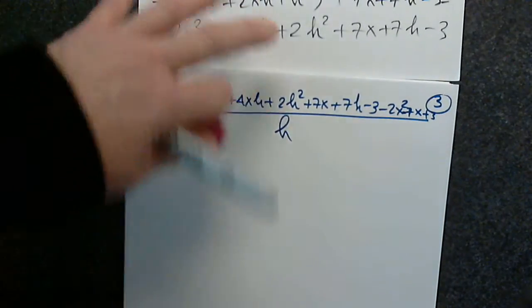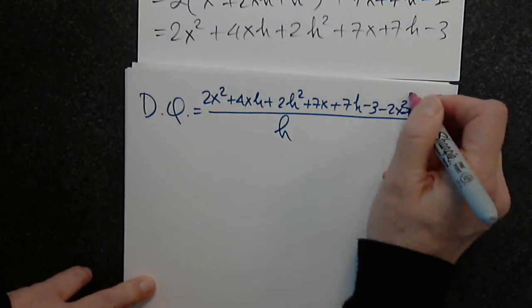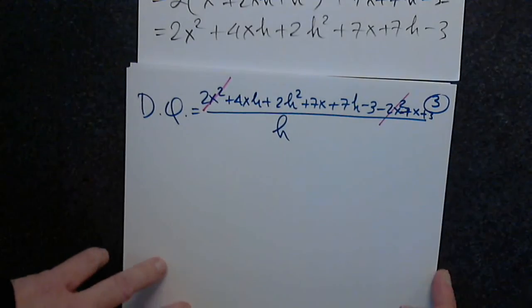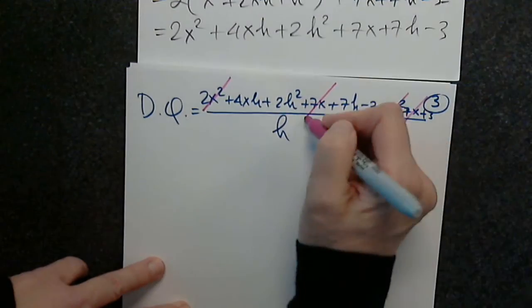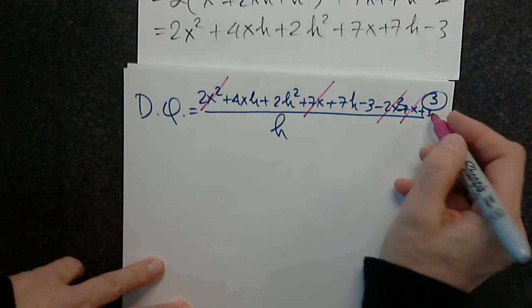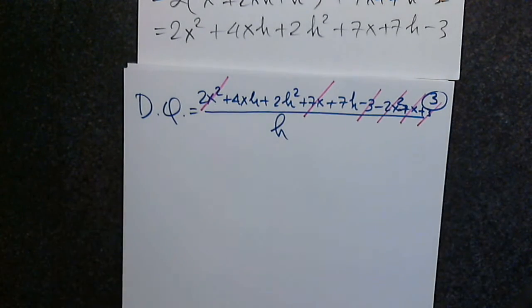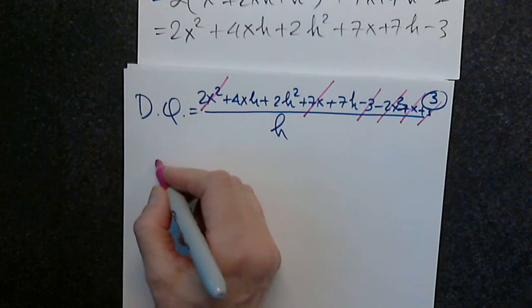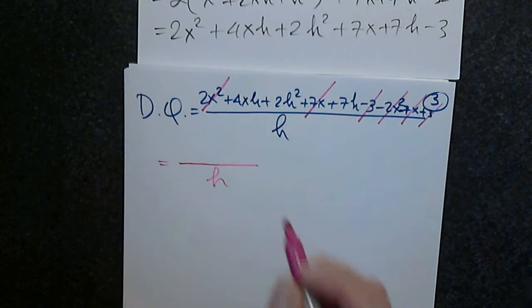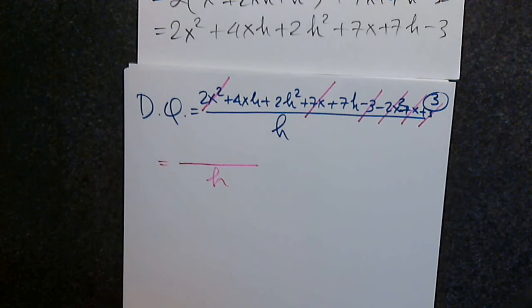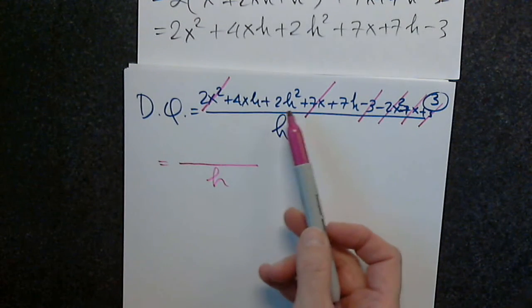So I'm going to write those two happenings in a second. Negative 2x squared with positive 2x squared. The negative 7x with a positive 7x. And the positive 3 with a negative 3. And this is what I was hoping for. And then how many terms are left in the numerator, please? What do they have in common?